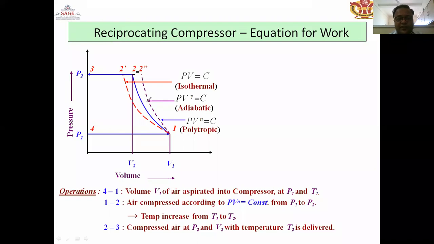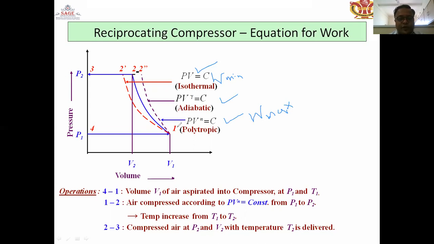The least work is required in the isothermal process, and the maximum work is required in the polytropic process. Here it is the minimum work, and here the maximum work. This is the basic difference between the two processes, and in the adiabatic process the work done required is intermediate.